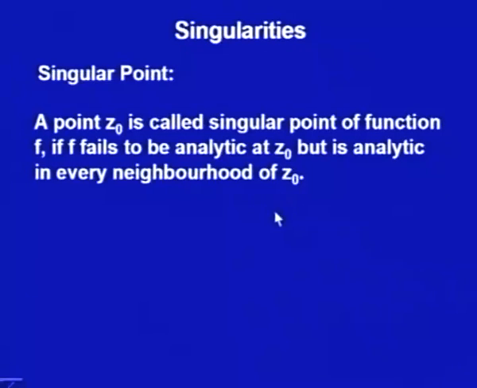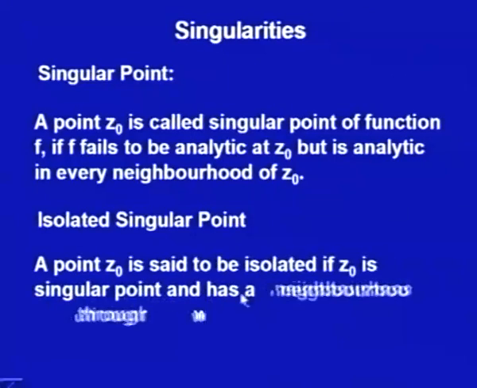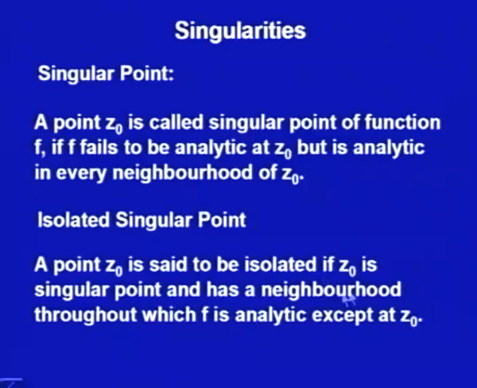We call it an isolated singular point if z naught is a singular point and has a neighborhood throughout which f is analytic except at z naught.